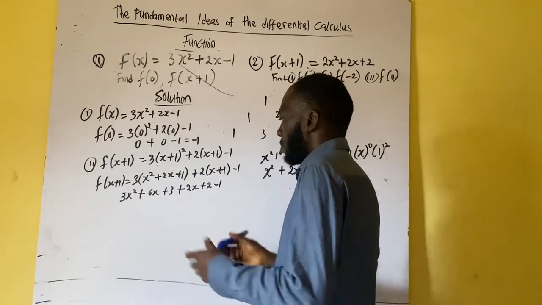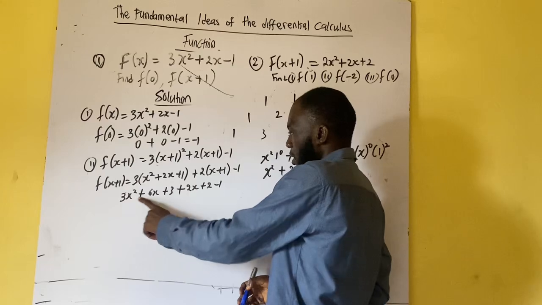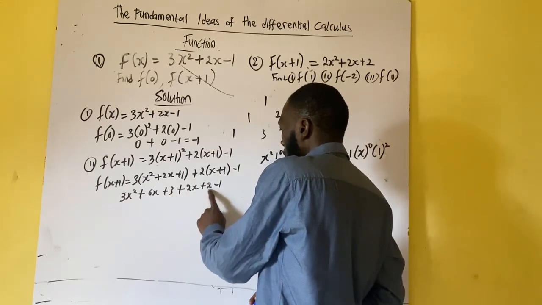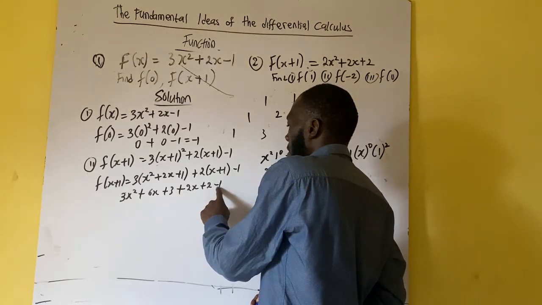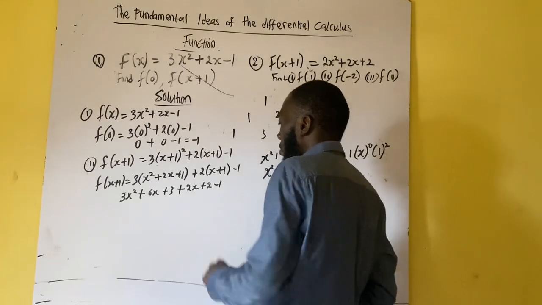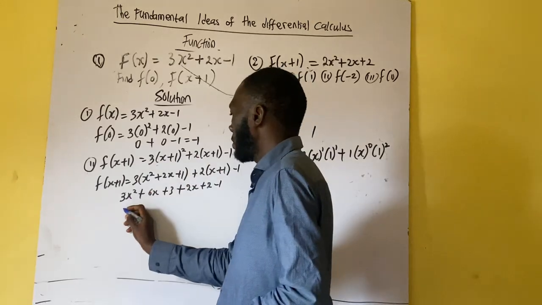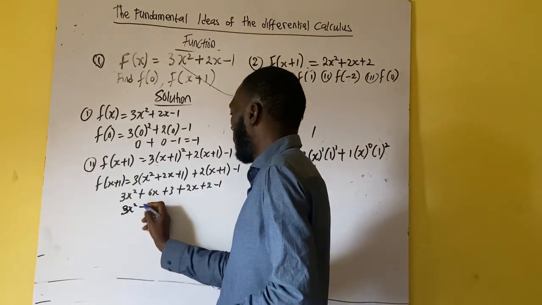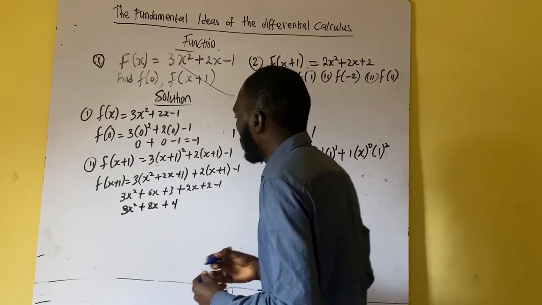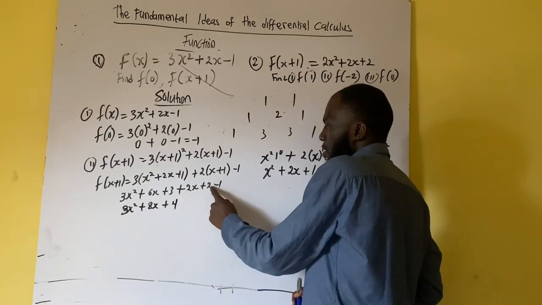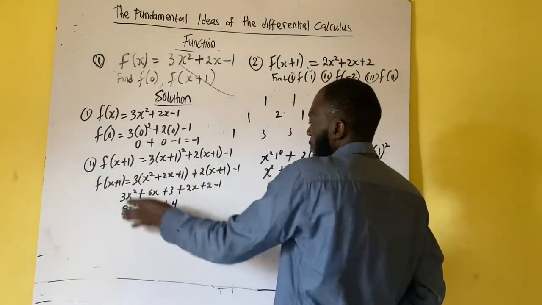Let's do the math together. 3x squared stays. The 6x plus 2x will be 8x. Then 3 plus 2 is 5, minus 1 making 4. So I'll have 3x squared plus 8x plus 4. This is the outcome of what we have here.